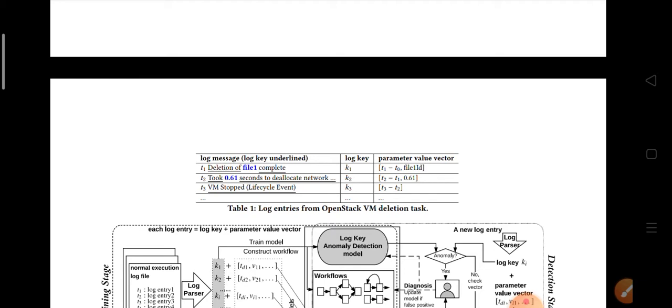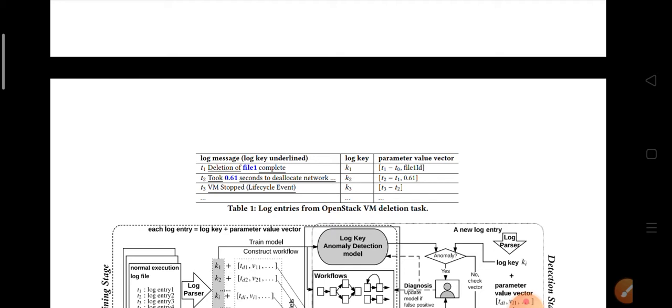So this is the section. You see, first it was raw text data, and it is converted into structured data, that means divided into log key and parameter value vector. Like that, they mention two more: it took 0.61 seconds. See, it took star seconds to deallocate network.